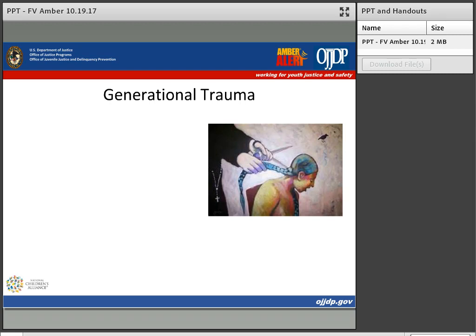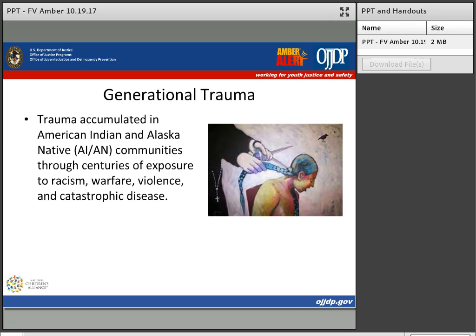One of the additional concepts that you have to understand when working with these communities is the issue of generational trauma.